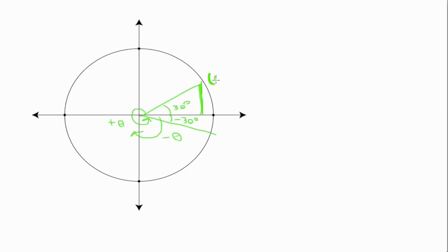So what's our cosine? That's the square root of 3 over 2. And what's the sine? That's 1 over 2. So this is the coordinate that we're at: cosine 30, sine 30.